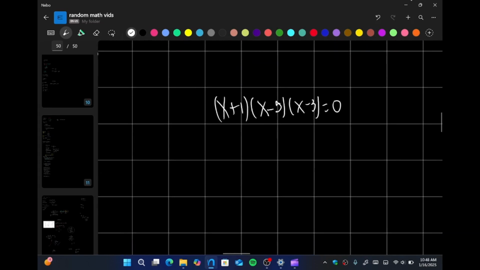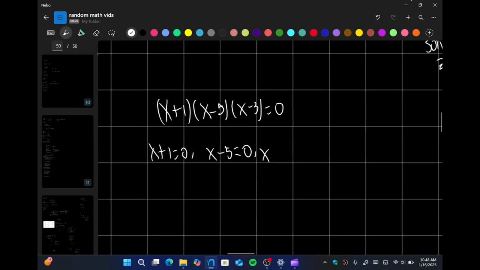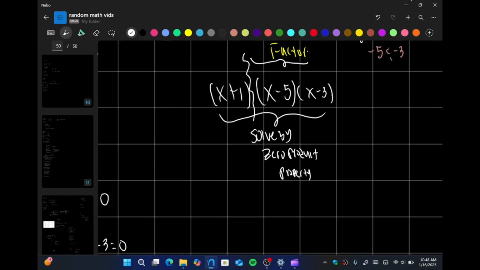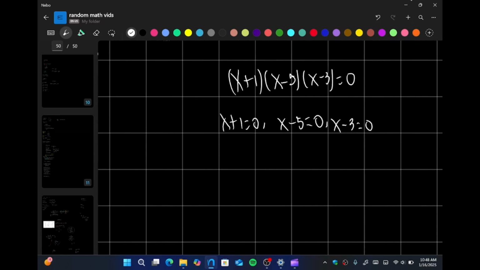So now we just have x plus 1 equals 0, x minus 5 equals 0, x minus 3 equals 0. Now we're going to solve each of these individually.